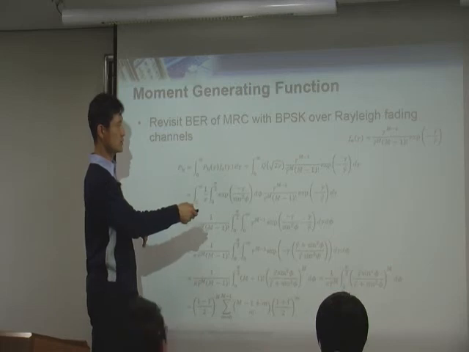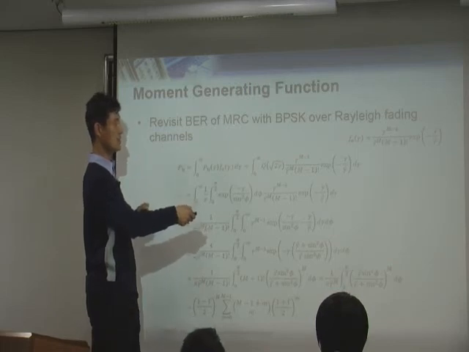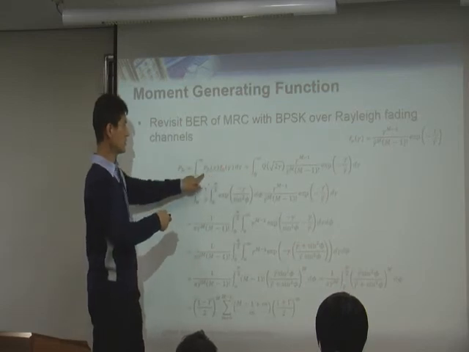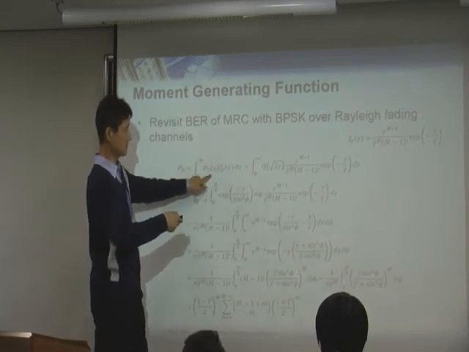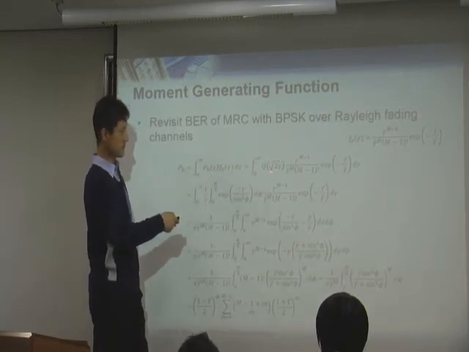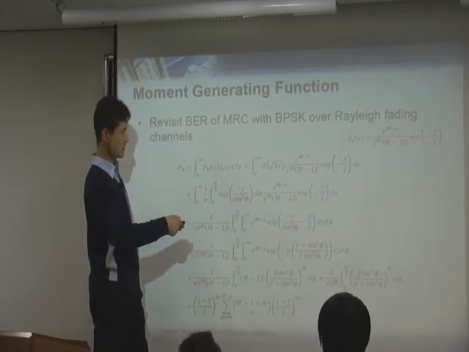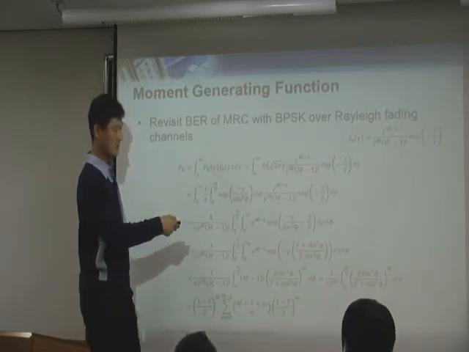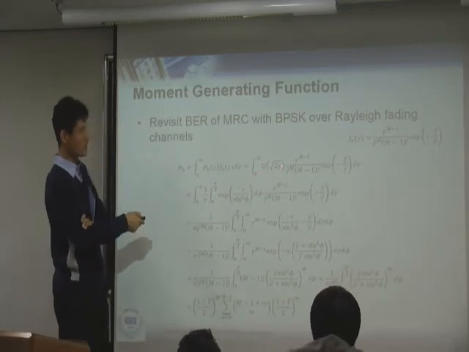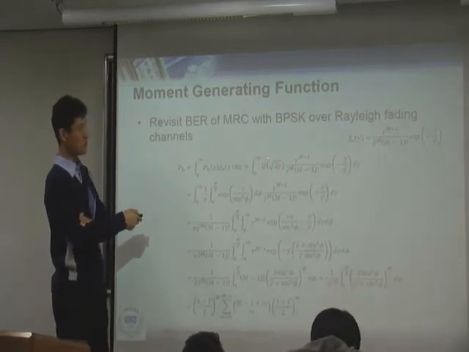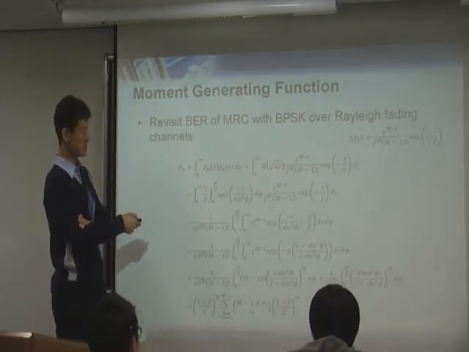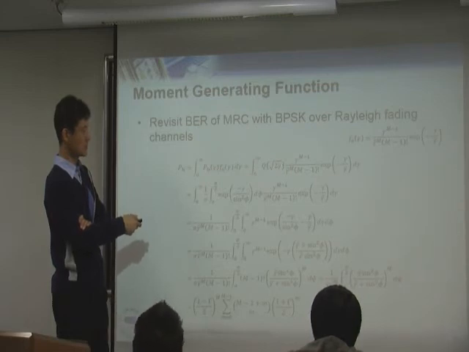Bring this one in here, because this is the PDF of output SNR, and use the BPSK BER here. Then you can simply write it this way. Again, we want to use the alternative Q function. Let's replace this Q function with the alternative Q function.